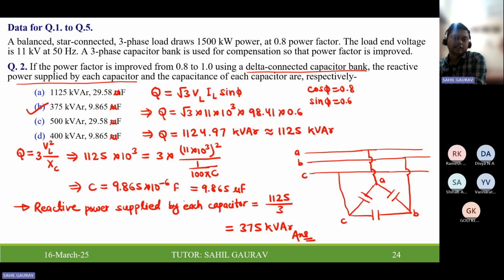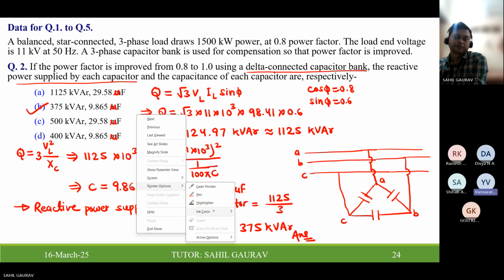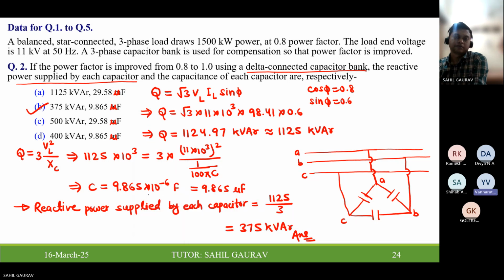So once you find the capacitance, meaning reactive power being supplied, then you can find reactive power supplied by each capacitor by dividing it by 3, and you can find the capacitor value with the use of this expression. The reactive power supplied by each phase will be similar, whether it is Y or delta?